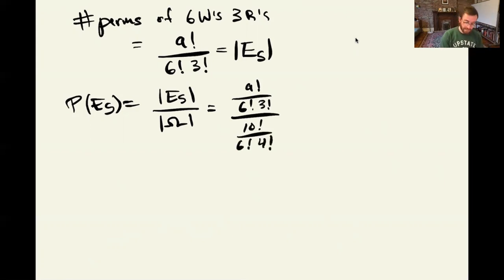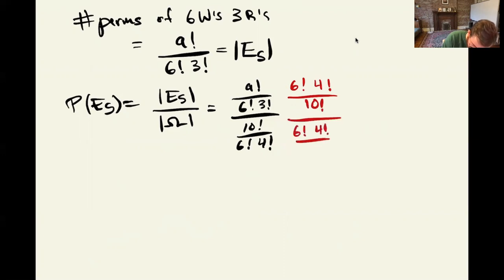Well, it looks like a lot of cancellations could be made here. Again, let's just go ahead and simplify this fraction, which you all should remember corresponds to flipping this upside down and putting it next to this over here. So how does that work? 6 factorial times 4 factorial over 10 factorial. And again, I can just think of this as multiplying by 1, knowing that this is all going to cancel.